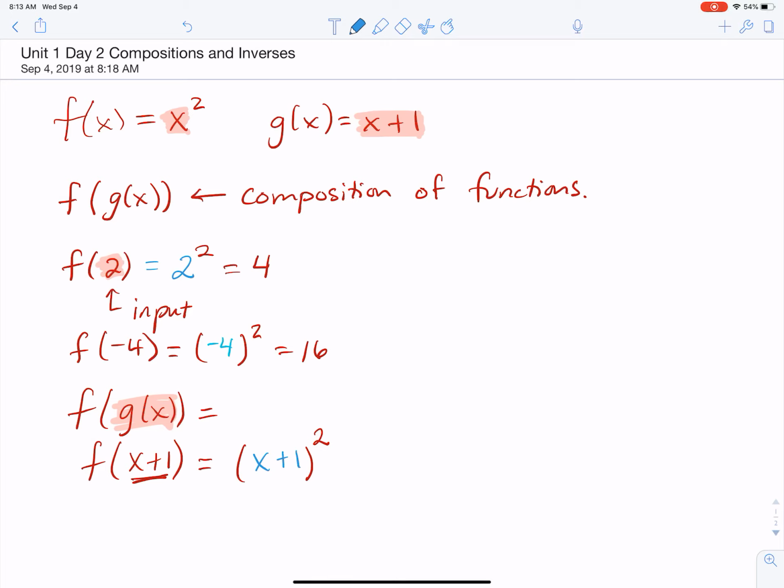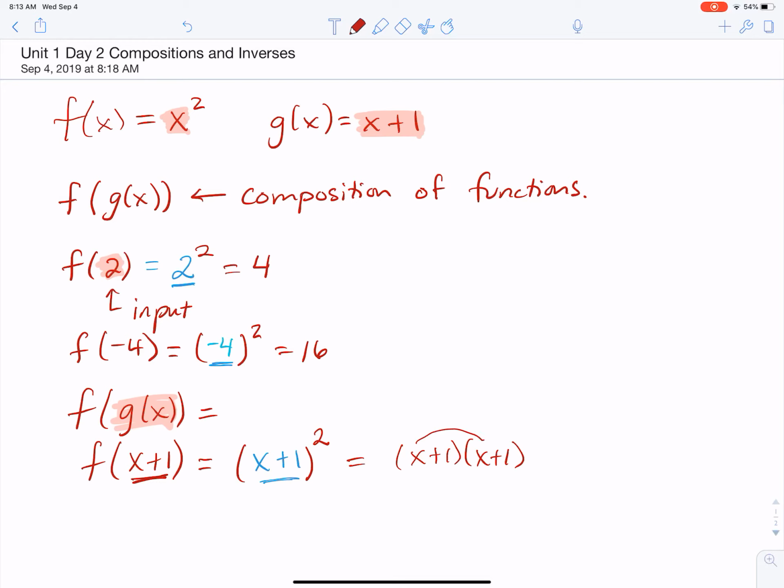So just like we did with the 2 and with the -4, our input here is x plus 1. Now the problem's not done yet because we do need to simplify that, and we are going to go ahead and multiply that out as x plus 1 times x plus 1. And so we need to go ahead and distribute everything.